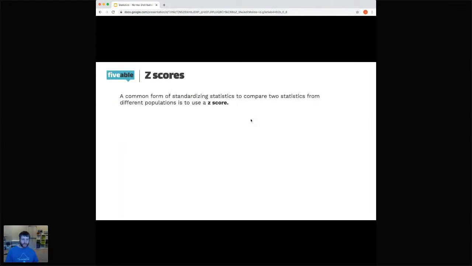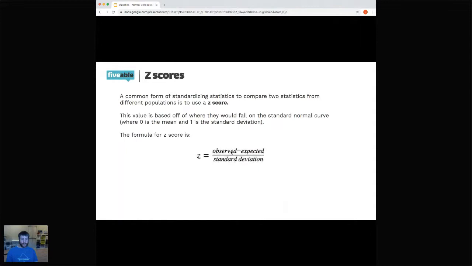So like I said, a common way of standardizing statistics to compare from different populations is to use their z-scores, just like we talked about with SAT and ACT. This value is based off of where they would fall on the normal curve, where 0 is the mean and 1 is the standard deviation. The formula for a z-score is observed minus expected. So the observed is your actual score, and your expected is the mean of that data set.